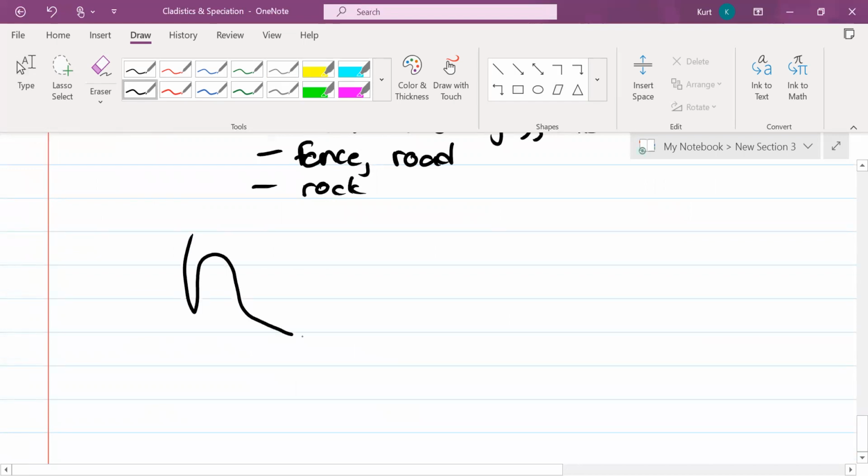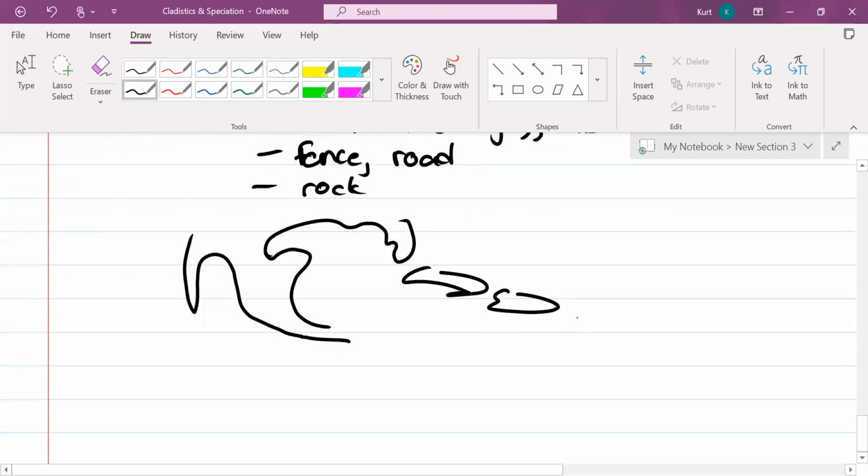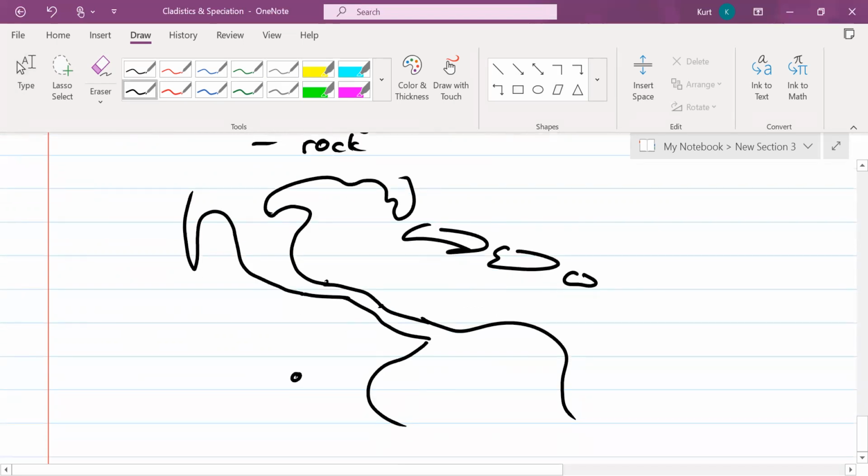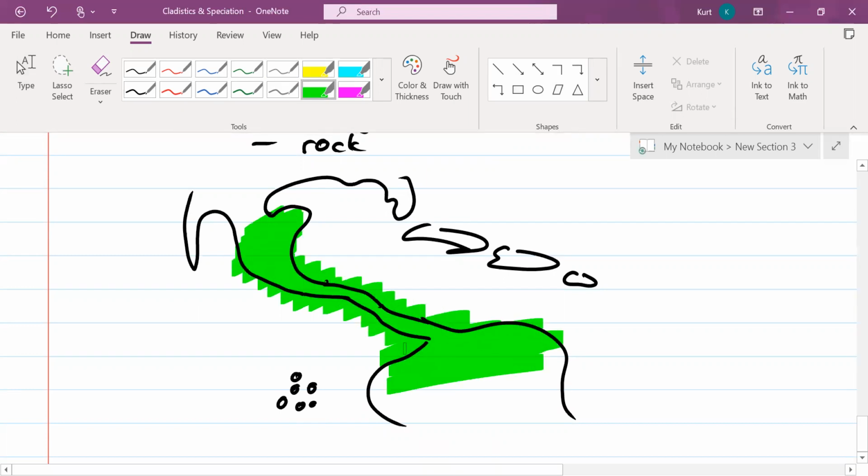Let's draw a little diagram of Central and South America, okay? There's Cuba, Hispaniola, Puerto Rico. Okay, here's the Galapagos Islands out here. All right, well, in this area of Central America, you have the species of iguana called the green iguana.